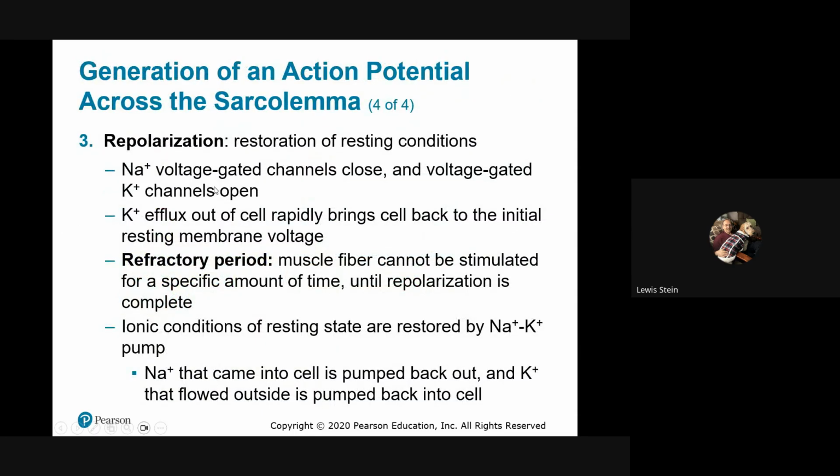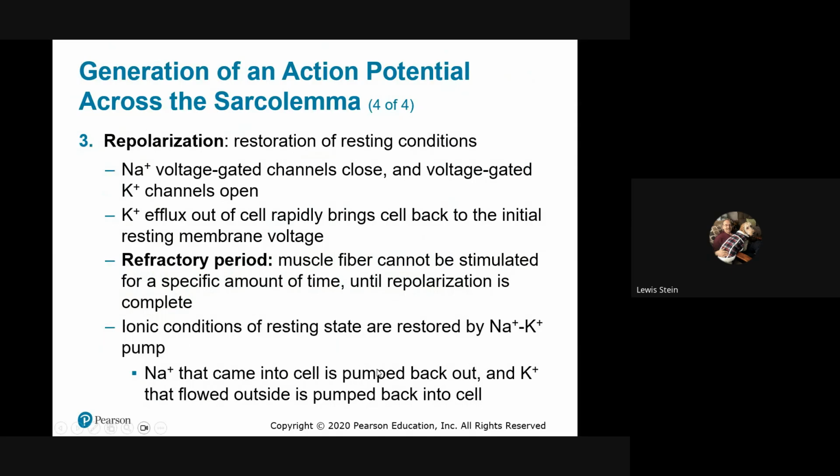So at repolarization, when the sodium channels are closed, they also temporarily lock, just go with that. And even though potassium is going out, that muscle fiber cannot be stimulated. In nerves and muscles, it's a matter of milliseconds, 5, 7 in a muscle, less in a nerve. So, I mean, we can do this until we fatigue. It resets very quickly. And nerves even faster still.